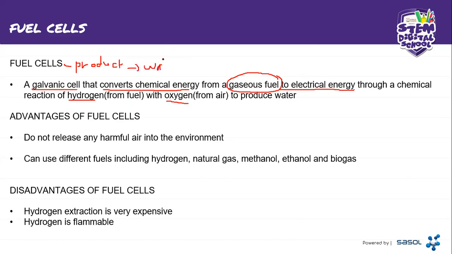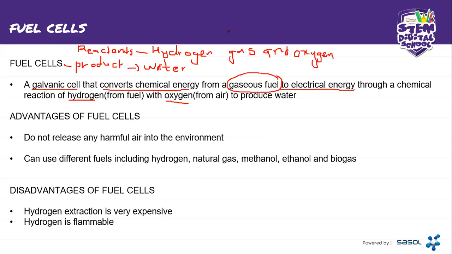And if we ask you what your reactants are, what reacts, then the learner is going to say my reactants are hydrogen gas and oxygen gas.